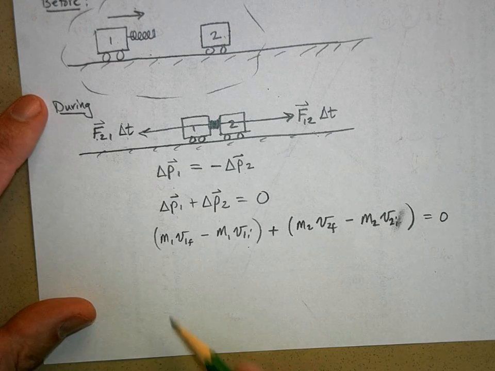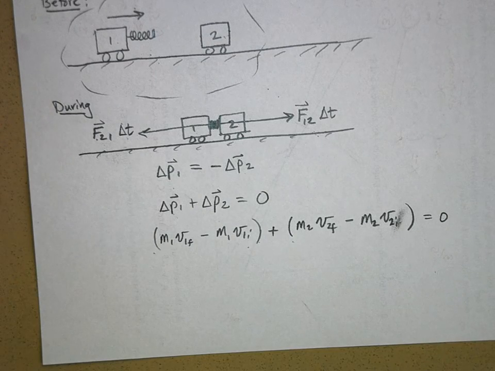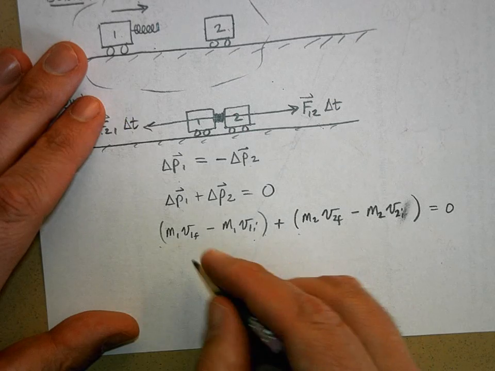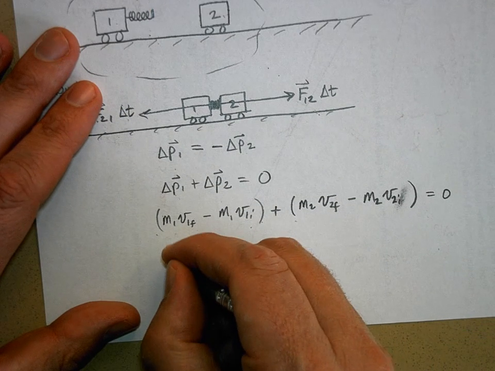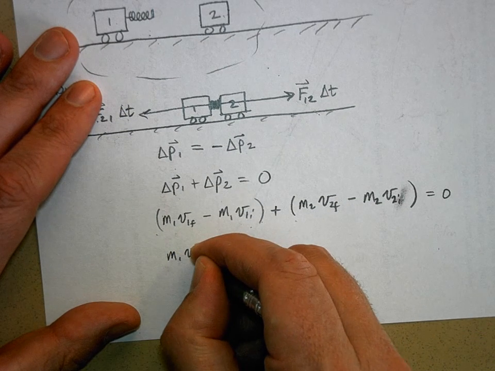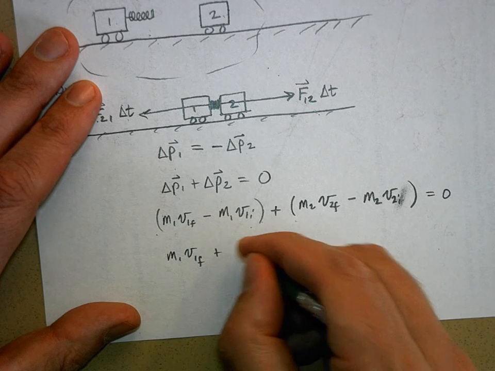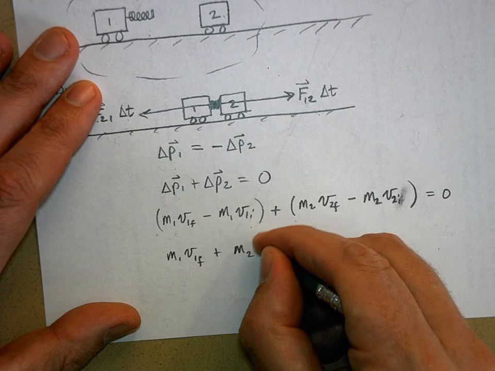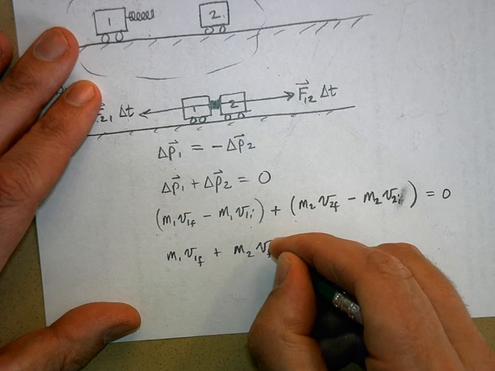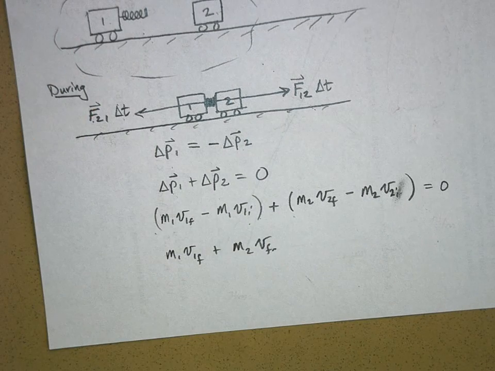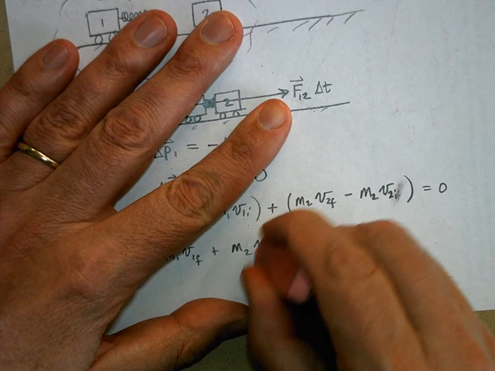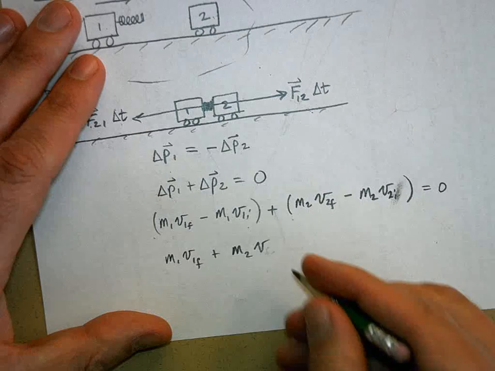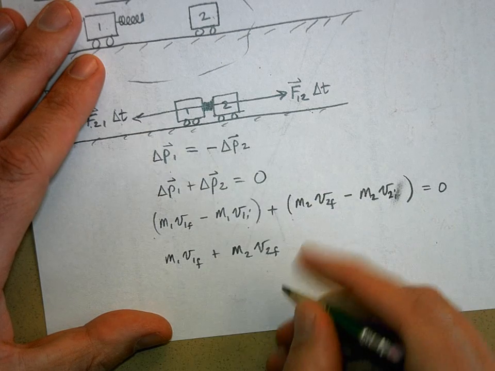Well, I didn't really need these parentheses, did I? So here's what we often do. Let's just put all the final stuff on one side and all the initial stuff on the other. So I'm going to leave the final stuff: M1 V1 final plus M2 V2 final equals.